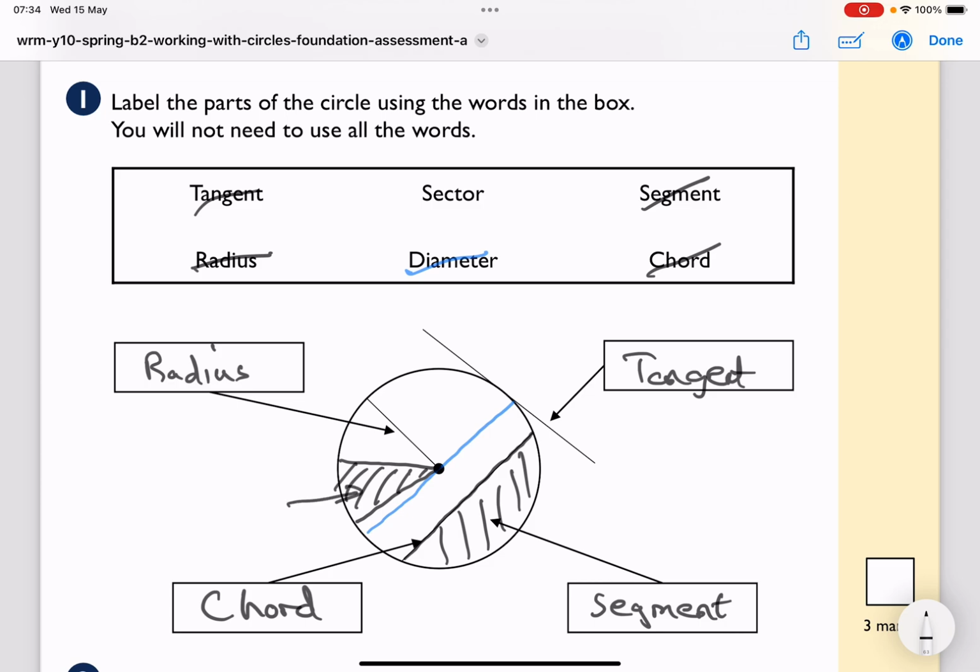This one is called the minor sector. And the other big one, which is all of that, the other side looks a bit like Pac-Man, that's called the major sector.